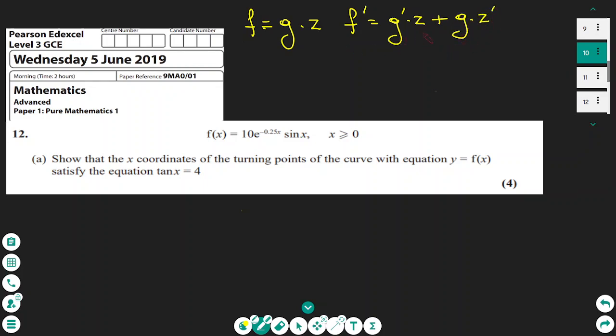This is the product rule of differentiation, and we make the result equal to 0 to find the turning points. We use the condition that the first derivative needs to be equal to 0.